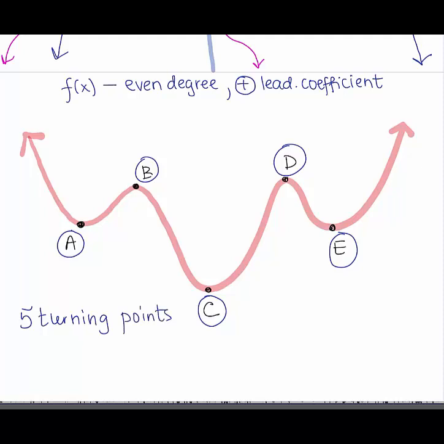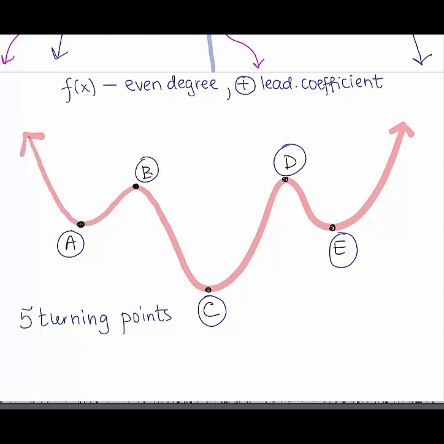If you were to write intervals where the function is increasing or decreasing, you would be using those points to come up with intervals, and that's something we have done for some functions, cubic and quadratic functions, in our previous unit.